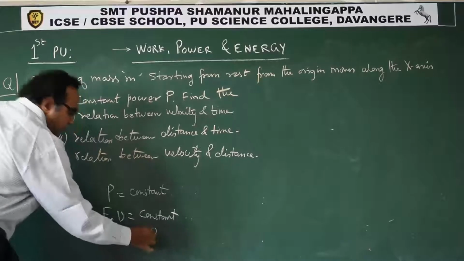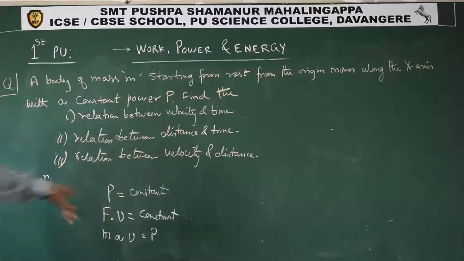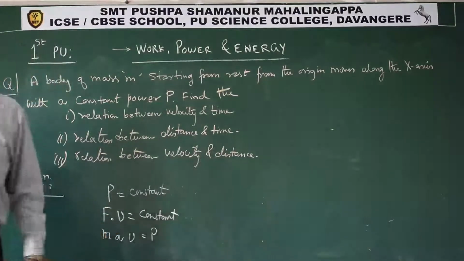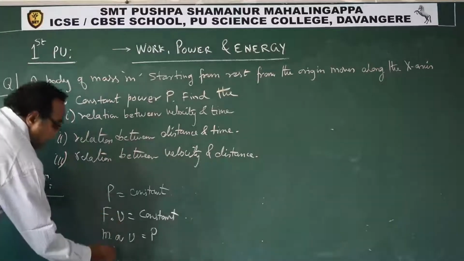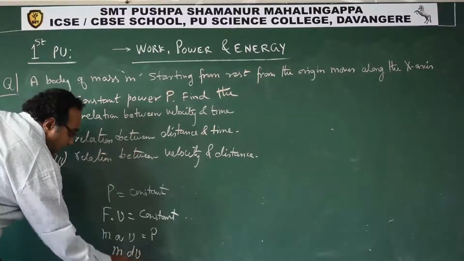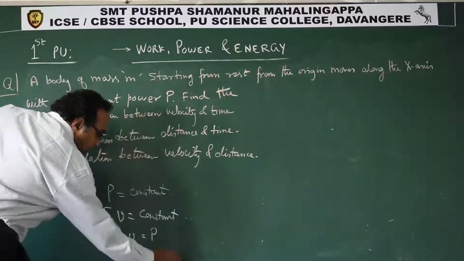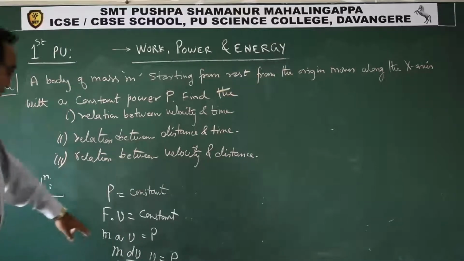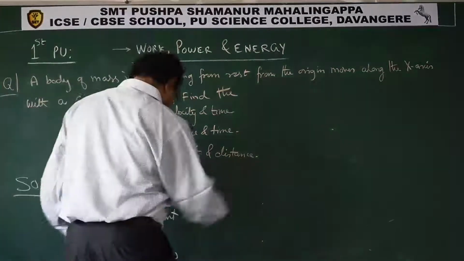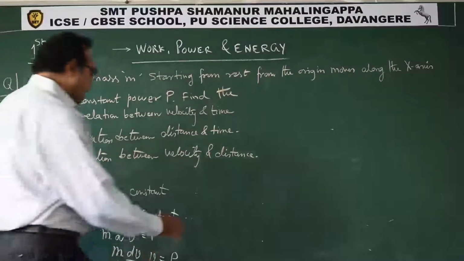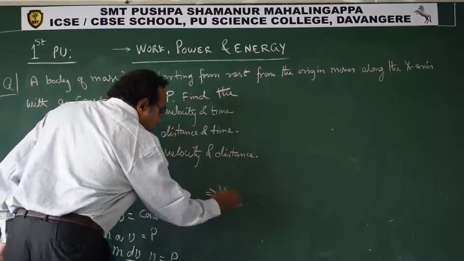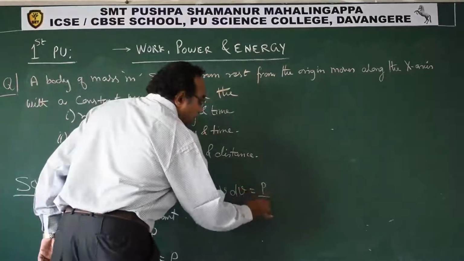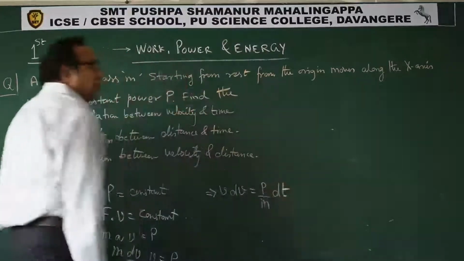I can write the same thing as P. Now a is m dv by dt into v is a constant P. So what do I get from this equation? We can write this equation as v dv is equal to P by m dt.